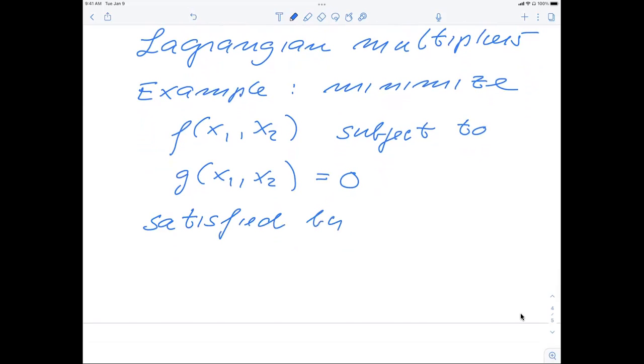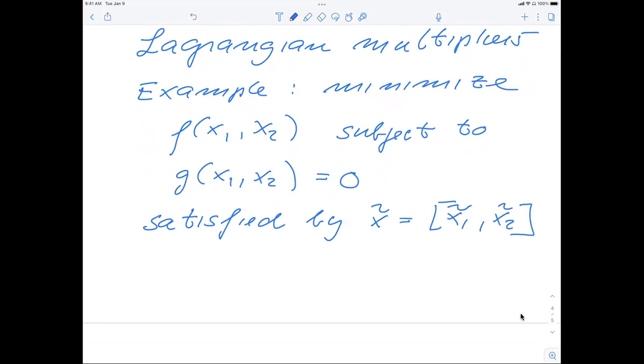So it's satisfied by some x tilde equal to x1 tilde and x2 tilde. So what we're assuming now is that there is a set of x1 and x2s which satisfies this minimization problem with respect to a given constraint.